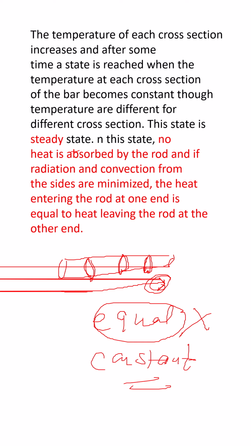And this is called steady state. And in steady state, in ideal condition, the entering heat energy is equal to the leaving heat energy. The heat energy that passes to the conductor is equal to the heat energy that is leaving the conductor in steady state.